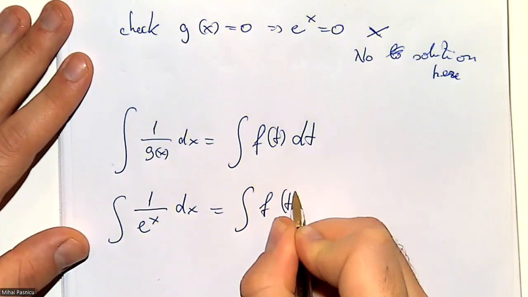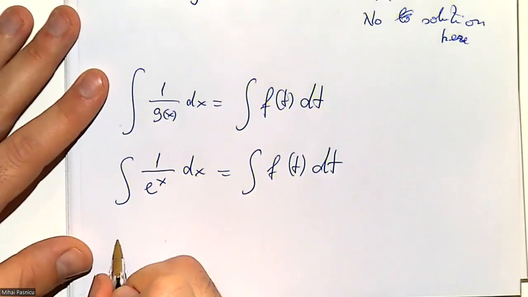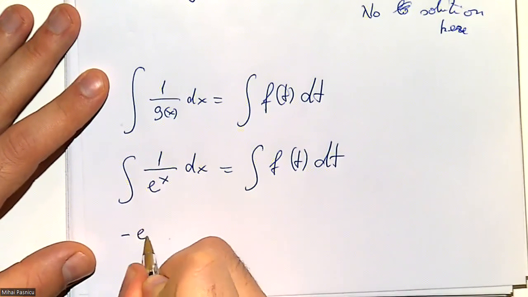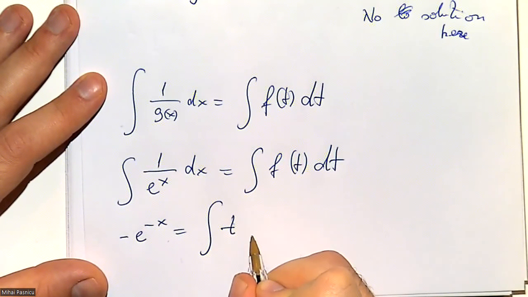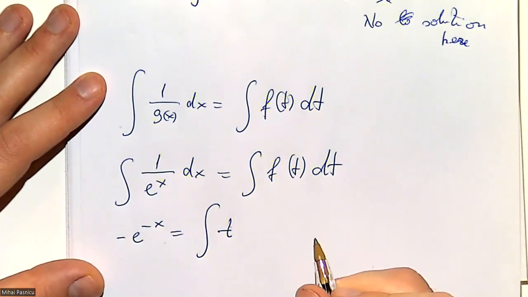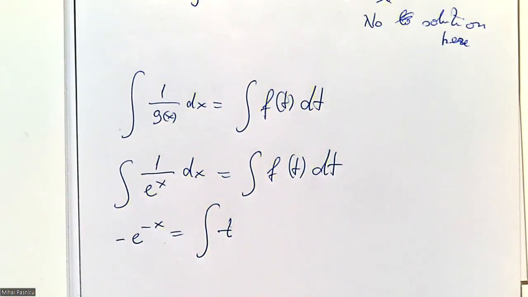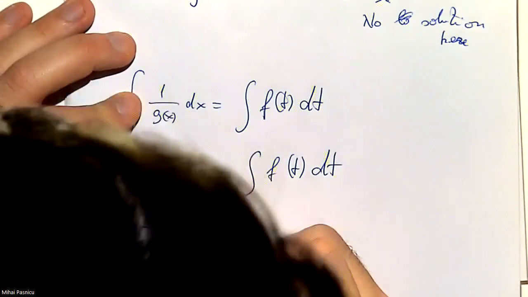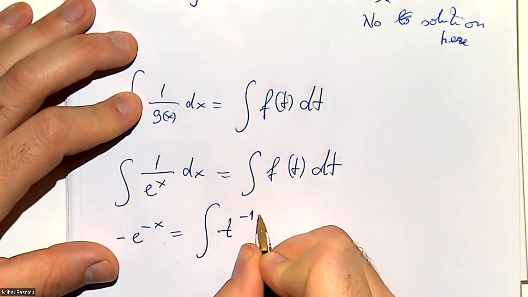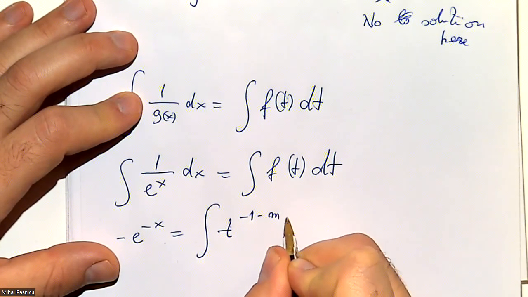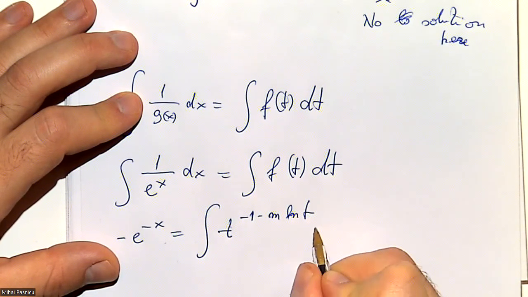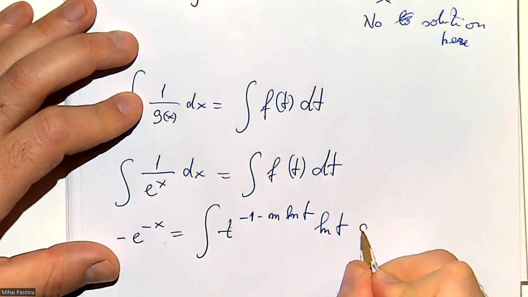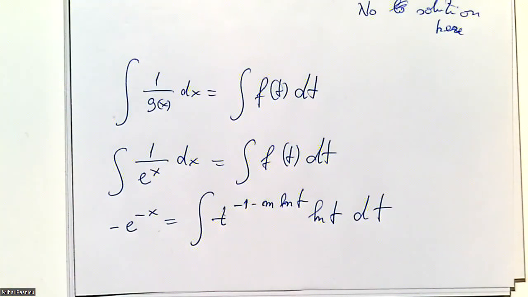So this is just equal to minus e to the minus x, is equal to this thing, which is just t minus 1. f of t is just t minus 1 minus ln of t dt. This is your f of t, and it looks absolutely horrible.